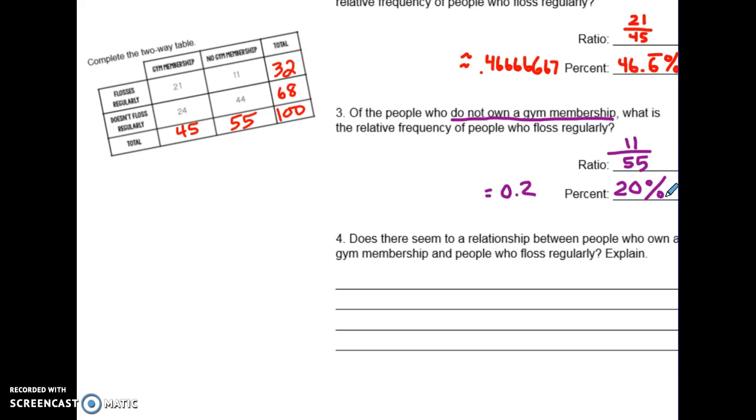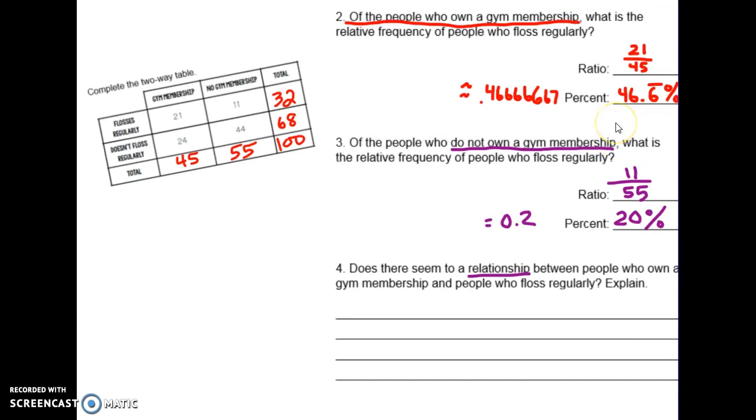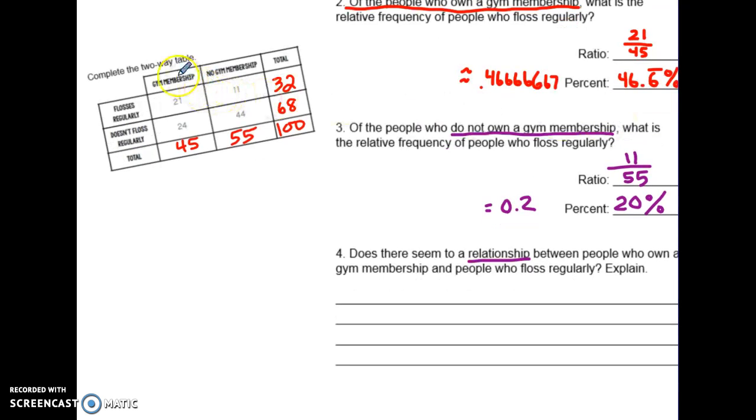So, a lot of times after you do some calculations with a problem like this, they want us to really think about whether there seems to be a relationship between these two factors that we've looked at. According to the people who own a gym membership and who don't, we have what looks to be a much higher percentage of people who floss regularly, and obviously we can kind of assume that maybe those people take better care of themselves in general.